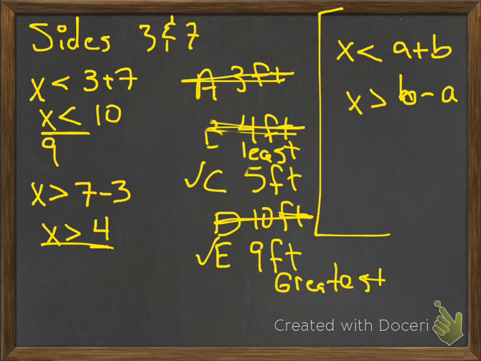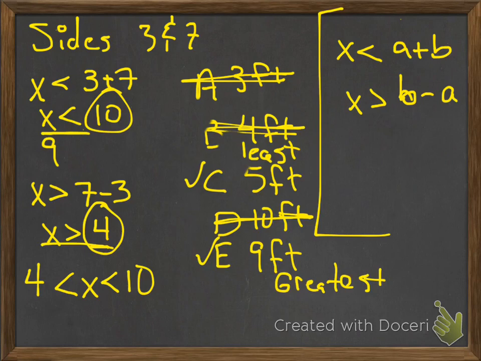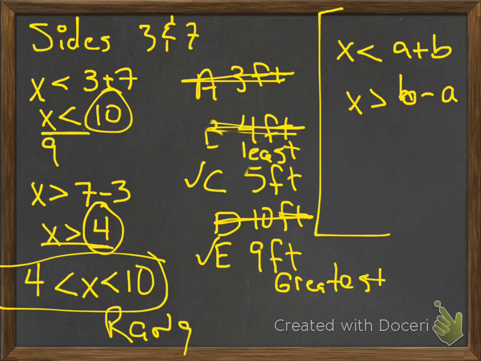So we're creating a range: anything between 4 at the lowest and 10 at the highest would allow us to have a triangle. This is the range of measurements that would allow us, and that could also include decimals. All right.